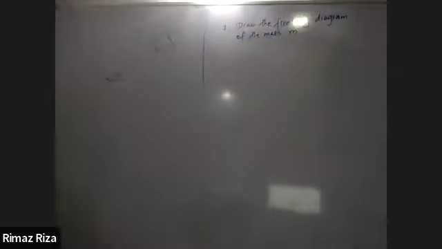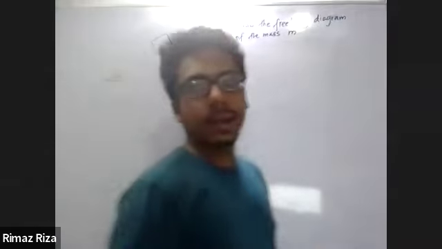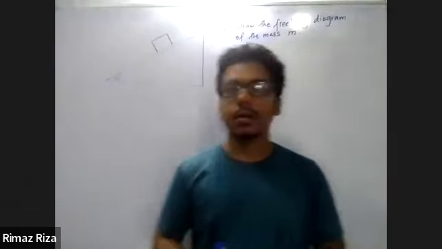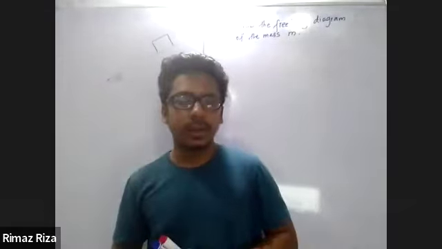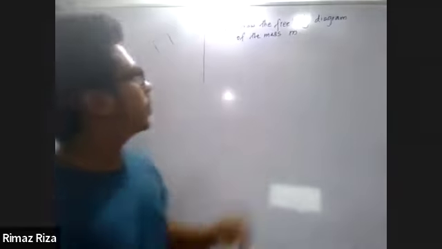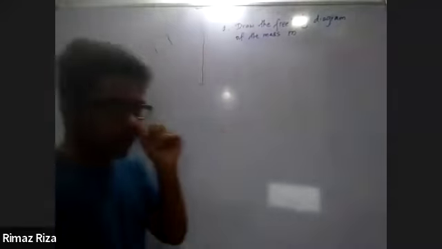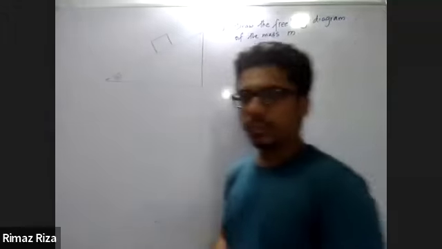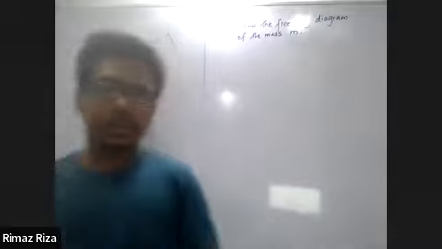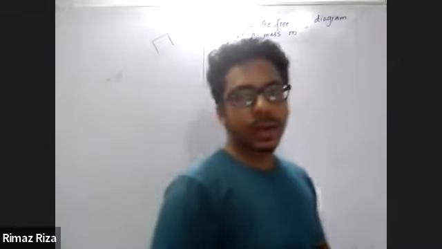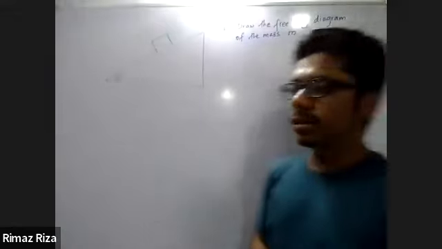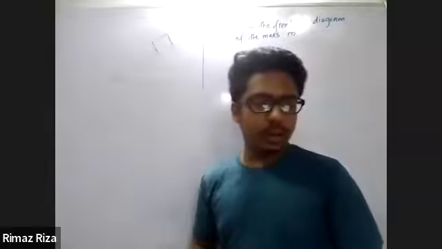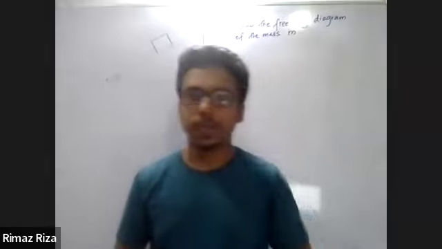Okay, so you have to mark. The free body diagram means we have to mark all the forces acting on the mass m. Okay, quickly do this. I won't give more than 1 minute because there are actually only two forces acting on this mass. So you have to mark those two forces.